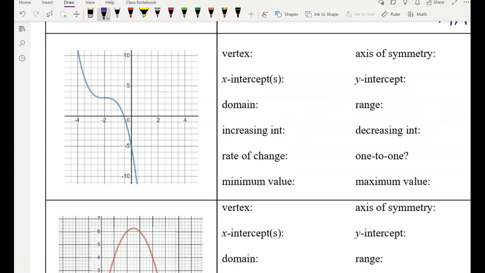Example 2 gives us a different graph, and again, we're just going to fill out the main characteristics. We are going to add arrows at the ends. Now, this one doesn't have a vertex, since by definition the vertex is either the highest or the lowest. We don't have that, but we do have this thing called an inflection point. So I'm going to cross it out and write inflection point. An inflection point, students, usually happens in a cubic.